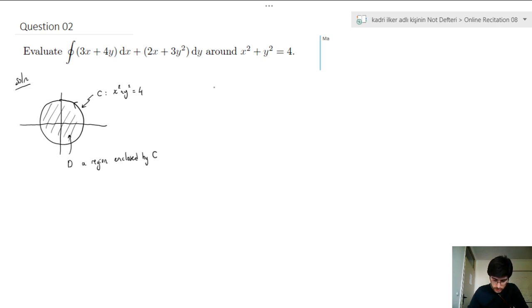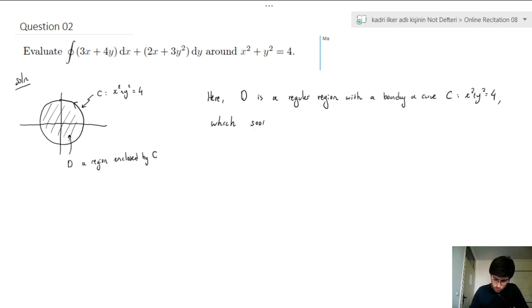Okay, first note that here D is what's called a regular region, with a boundary curve, in this case a circle, curve C, which is x squared plus y squared equals 4. This is a simple curve, which means that there is no self-intersection, which is smooth, clearly, right?